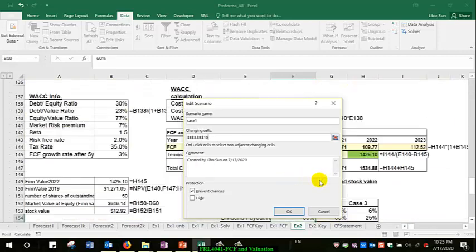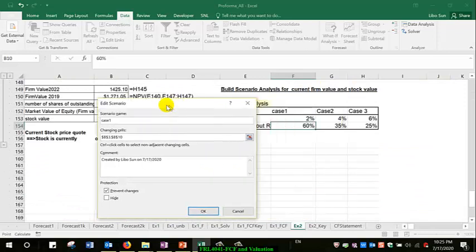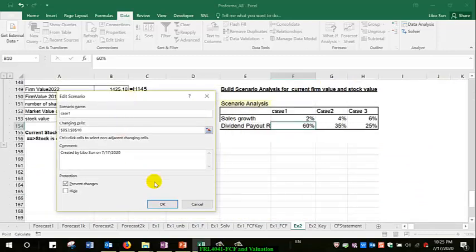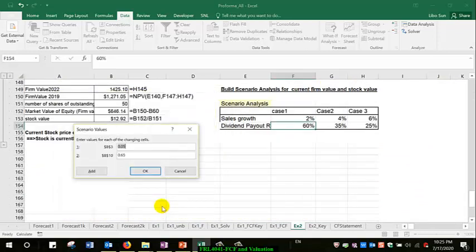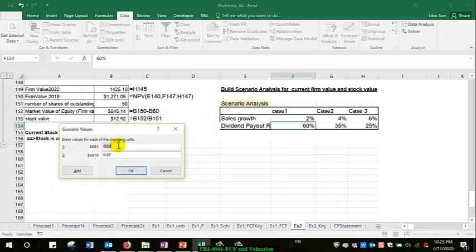Now click OK. Right now it shows the current numbers entered in these two cells. For case 1, we want to change sales growth to 2% and the payout to 60%, right?